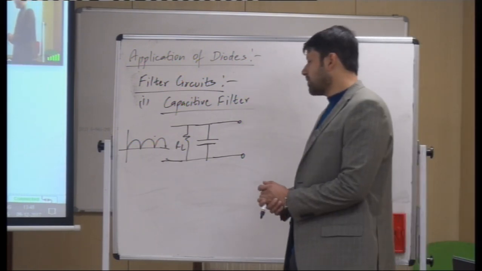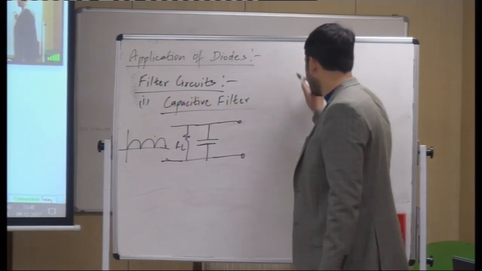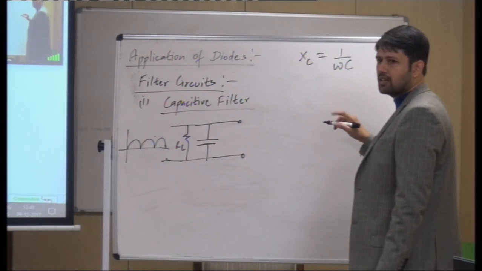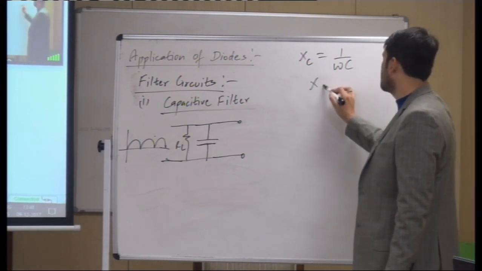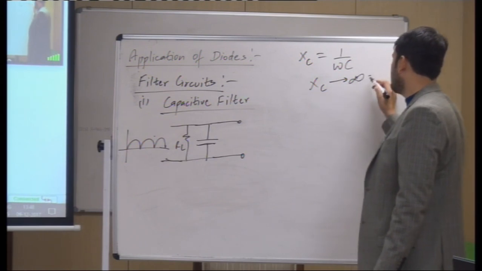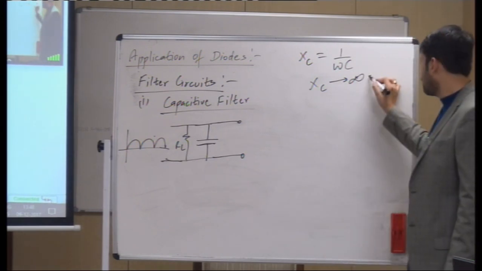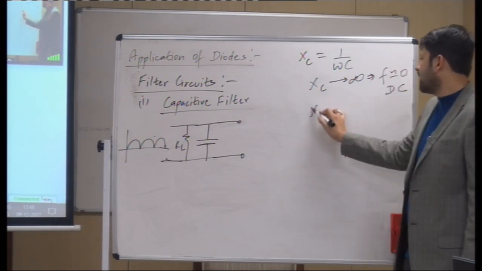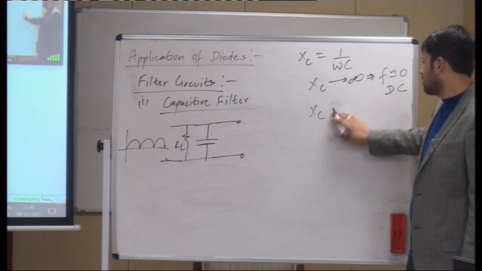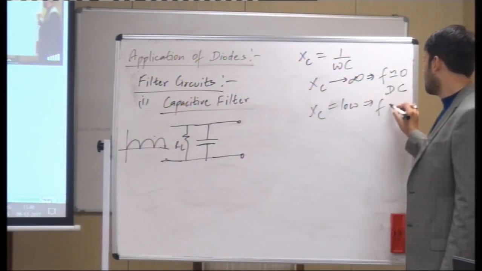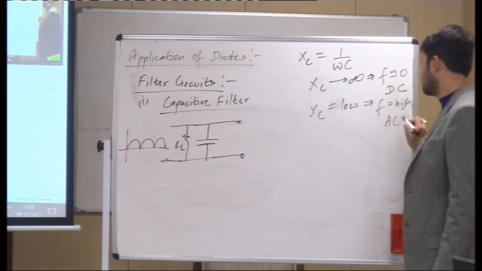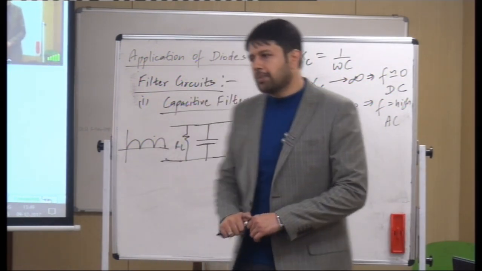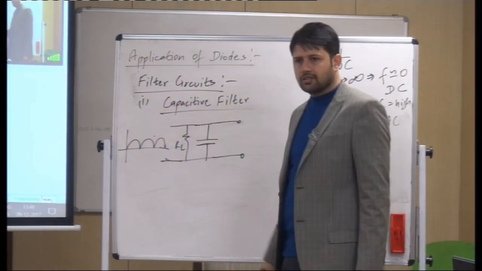You remember that the capacitive reactance was 1 by omega C, that the capacitor had infinite reactance for frequency 0, which is DC, and low reactance for high frequency AC, which means if this has AC as well as DC components, AC would bypass through it, right?